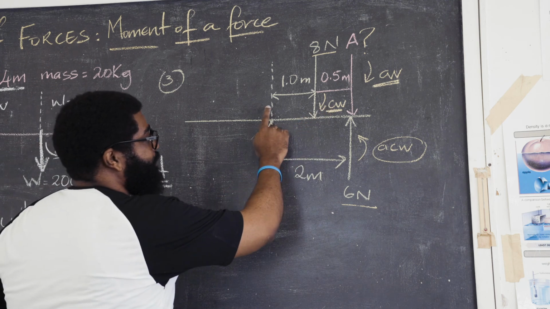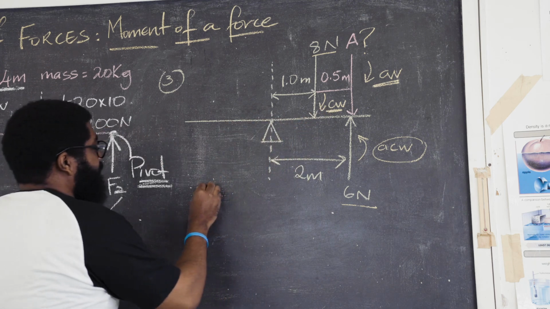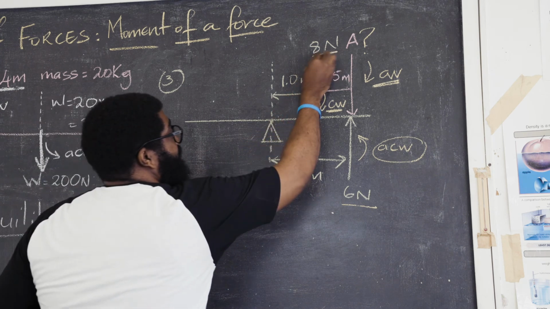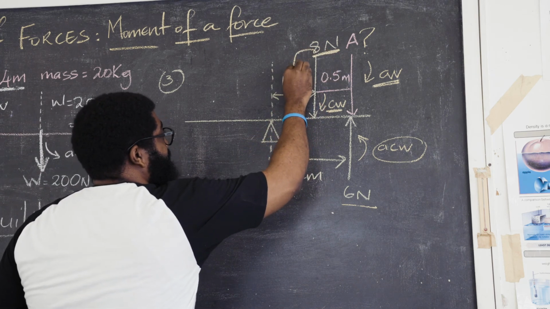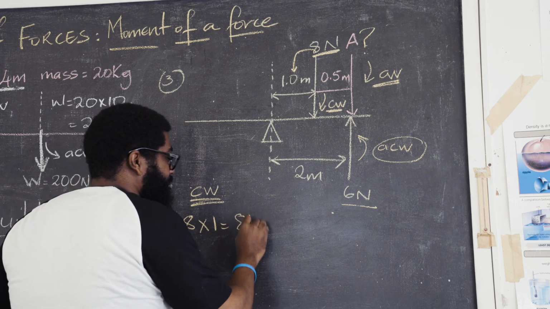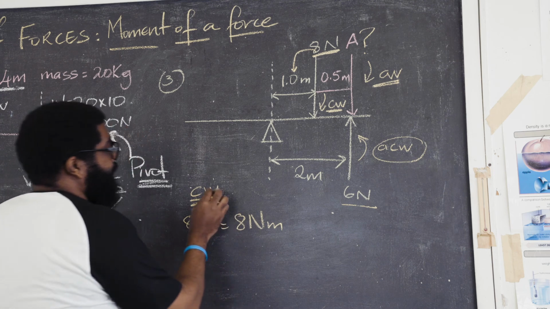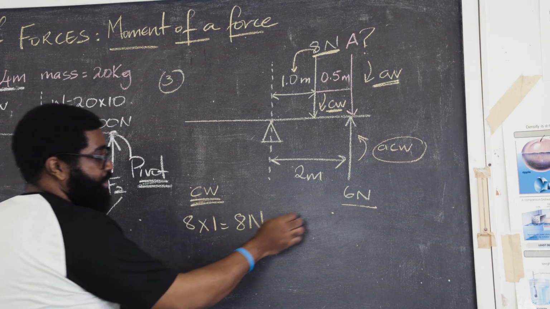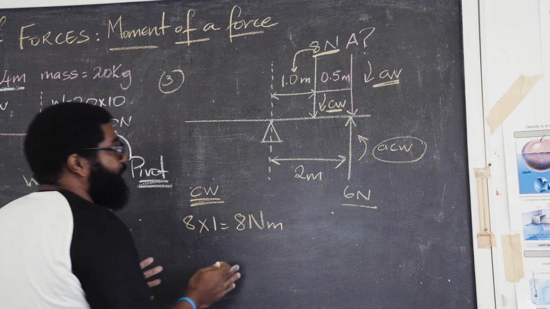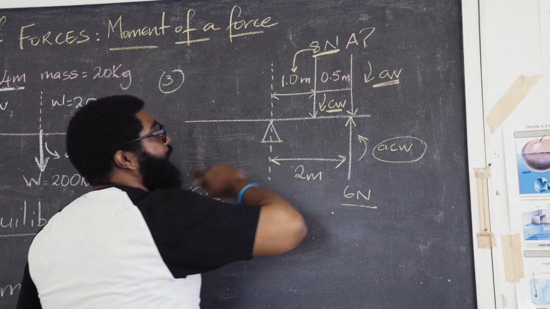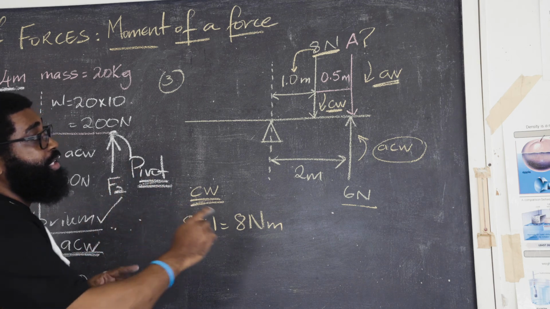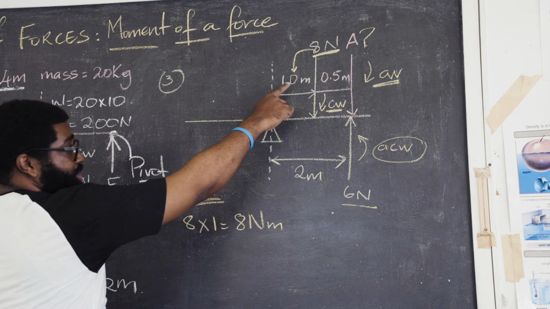So, moving on. Again, if we look at the clockwise direction, it's force by the corresponding distance, 8 by 1 is 8 newton meters. Now, I have already indicated my direction up here, so I don't need to put clockwise next to it. And for the second force, it's force by distance. What's the distance? The distance is actually not this, nor is the distance this.